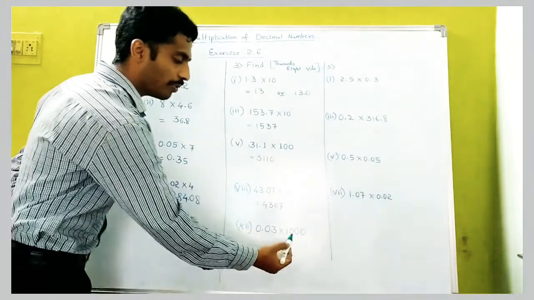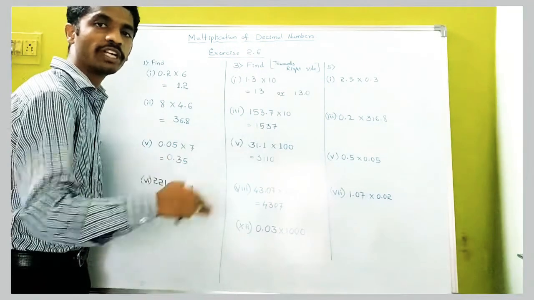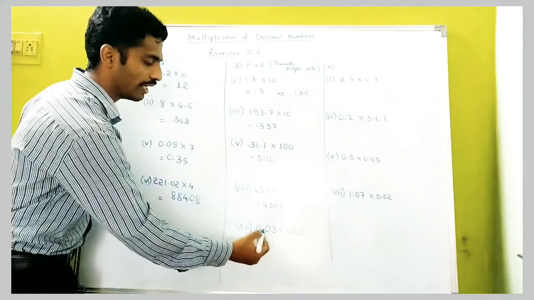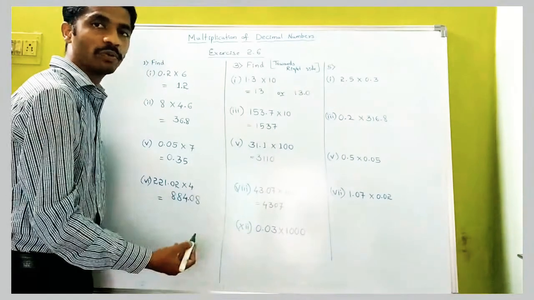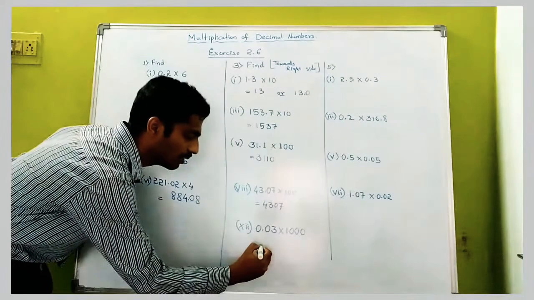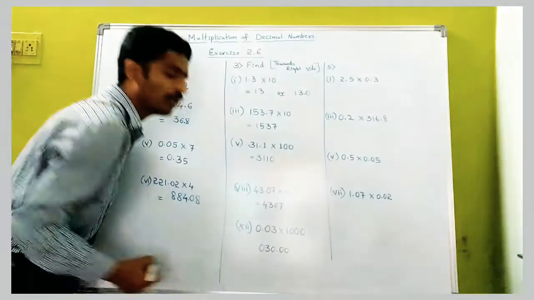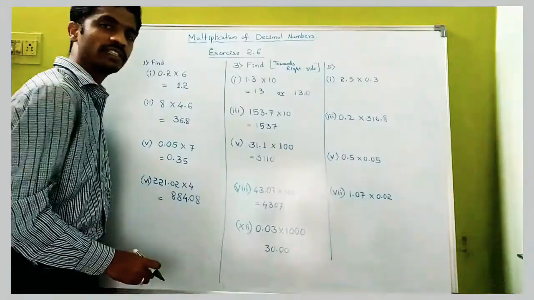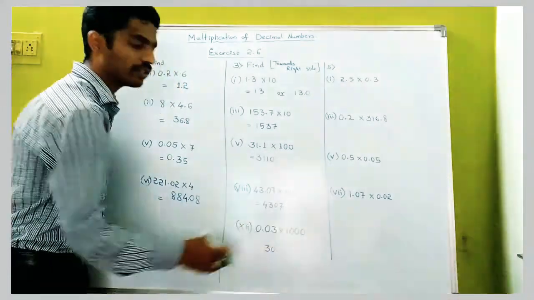Again here, how many points you have to move? 3 zeros are there, so 3 numbers you have to move towards right side. Here point is there, 0 is there, 3 is there, but still one number we need. So it becomes 030.00. If you do not write this 0, there is no difference, and if you do not write these zeros also, there is no difference.